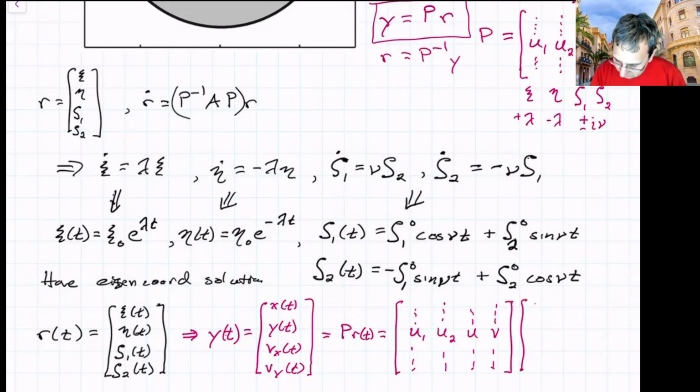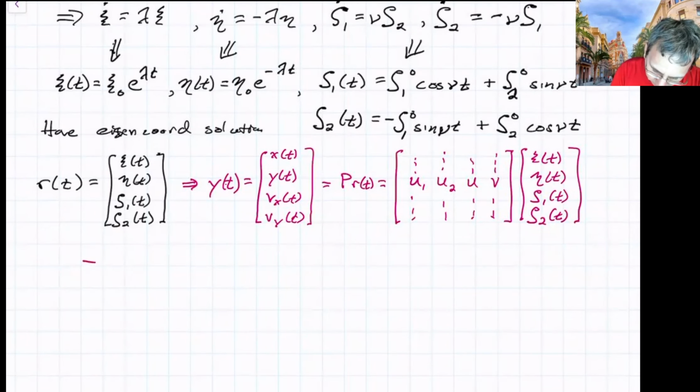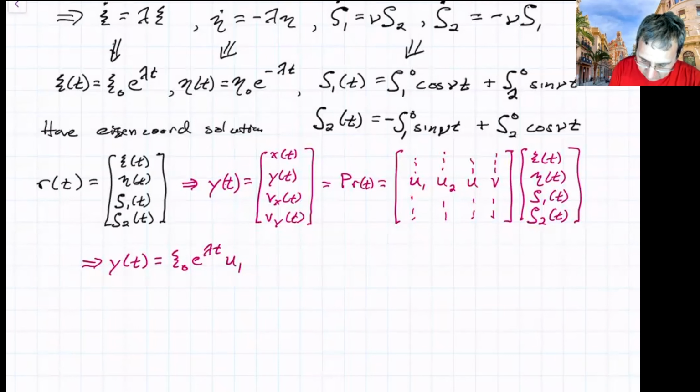And then C as a function of time, eta as a function of time, zeta 1 as a function of time, zeta 2. And if you work out what this is, what do we get? Y as a function of time is, I'm going to write it this way. It's C naught e to the lambda t in the U1 direction, the U1 eigenvector, plus eta naught e to the negative lambda t, U2.